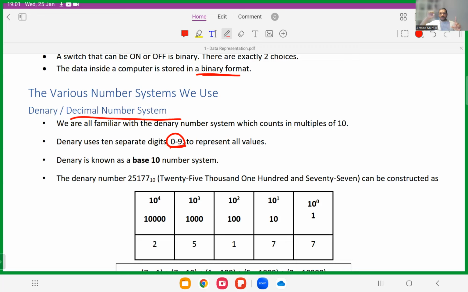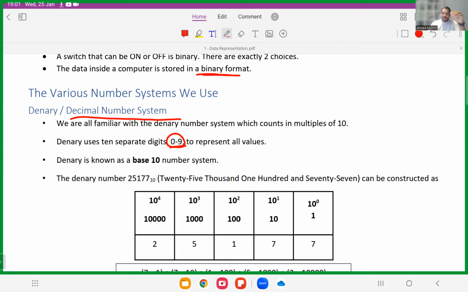If you count these digits, you would notice that there are 10 digits in the decimal number system that we humans use.